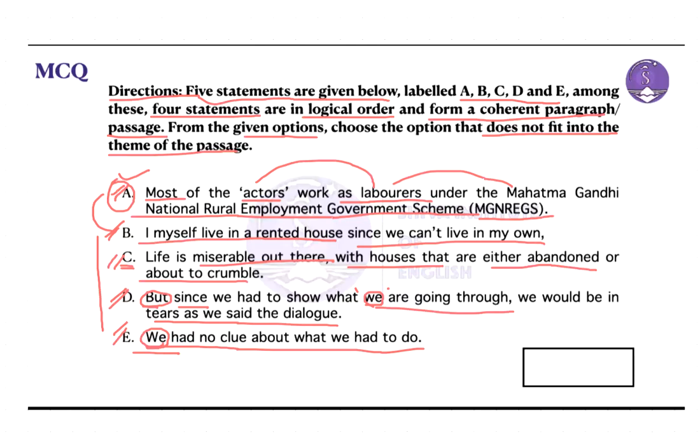Now, if you look into statement B, it connects with the theme of difficult living conditions. One of the speakers, referring as "we," states his or her personal experience of living in a rented house due to the inability to live in their own house.